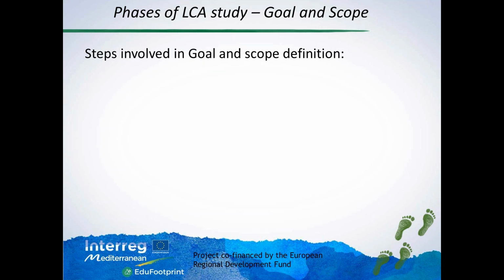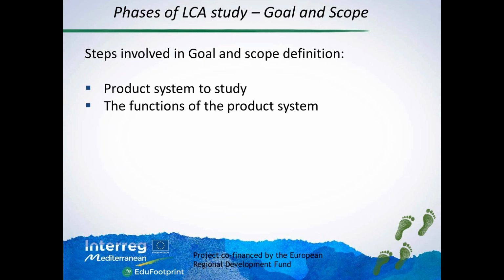Which are the steps involved in goal and scope definition? First of all, the product system you have to study. Then the functions of the product systems. So we have to define which are the functions. The functional unit, in a while you can understand why it is written in blue letters.